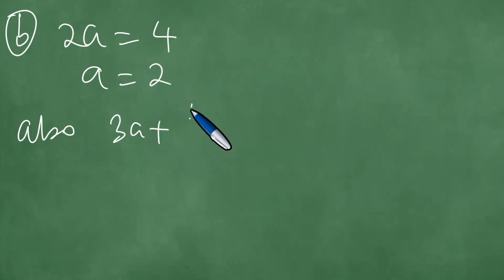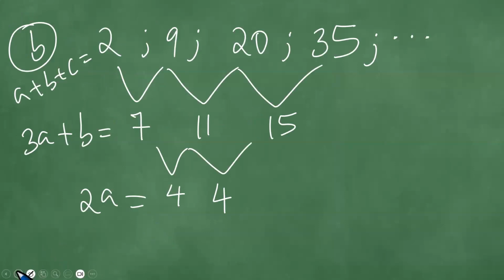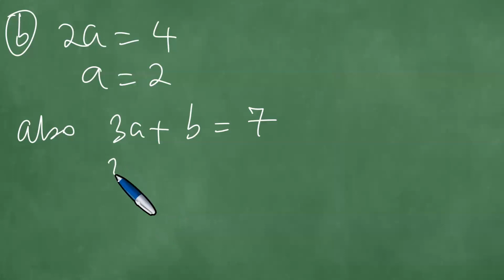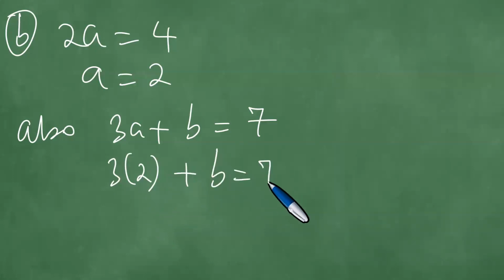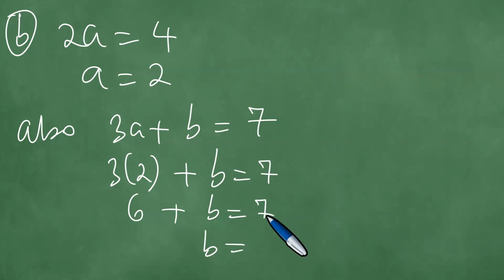Also, we have 3a plus b equals 7, so that we have 3 into 2 plus b equals 7, which means 6 plus b equals 7, which means b equals 7 minus 6, which is 1.